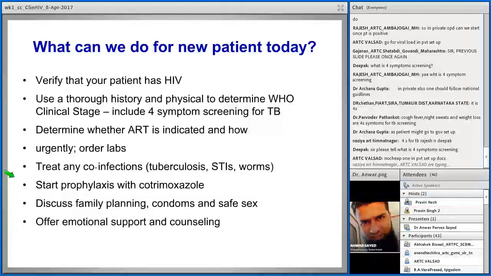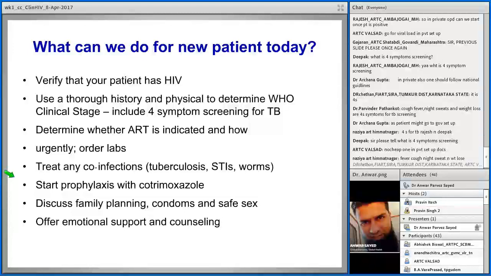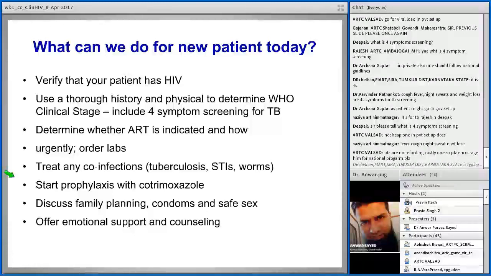Towards the end, this is just a summary of what is to be done for a new patient. First, verify the test results that a person is HIV positive through ICTC. That should be done. Then ask questions to the patients to know what he or she understands by being HIV positive. At the same time, when a patient comes and you ask about HIV, there are two things you should add.